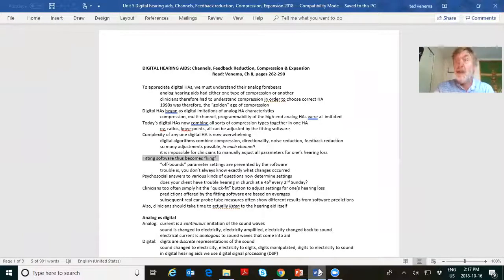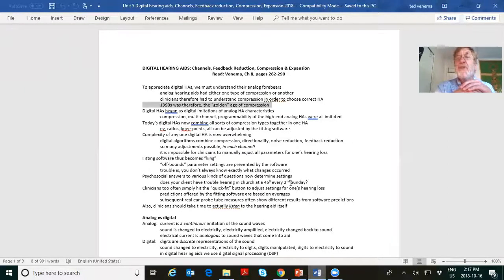In a weird way, we've lost some of our connection to the knowledge of compression in hearing aids because hearing aids are digital and the software does it all for you. So it's not as important to know what's actually going on underneath in terms of fitting the hearing aid. But as HIS grads from OTC, we need to have more than just that belief, the software will do it for you.